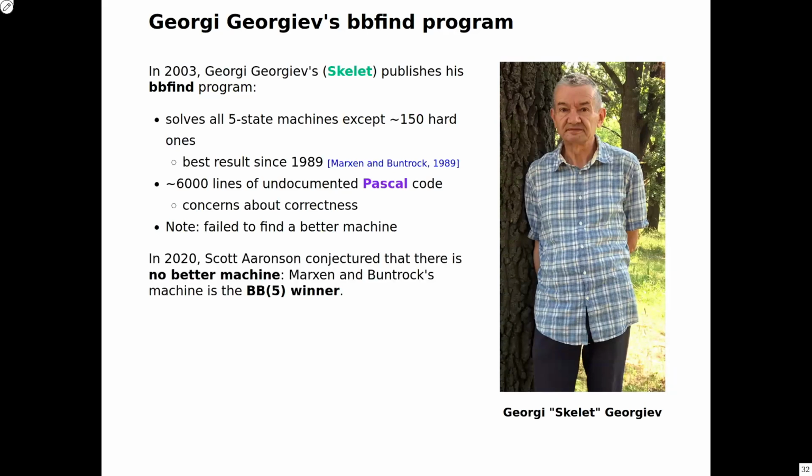So that led a few years ago, in 2020, Scott Aaronson, computer scientist, to stick his neck out and conjecture that since it's been so long that we didn't find a better machine, this must be the one, and the machine of Marxen and Buntrock is actually the winner.